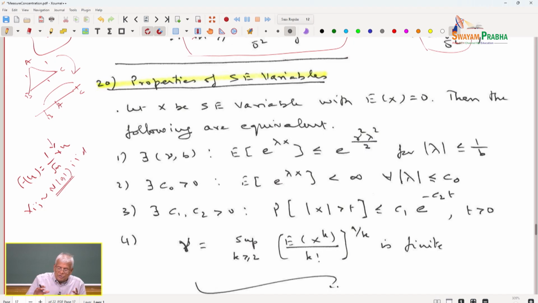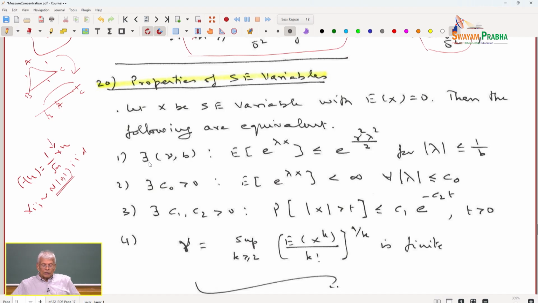But before we talk about some of those things, I would like to first summarize some of the important properties of a sub-exponential variable. If X is a sub-exponential variable with mean 0, then the following conditions are equivalent.